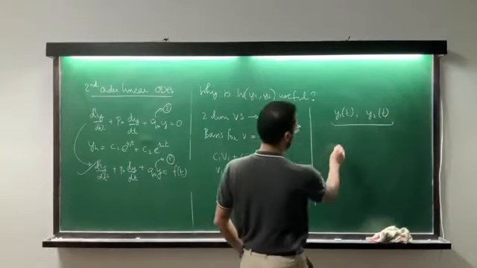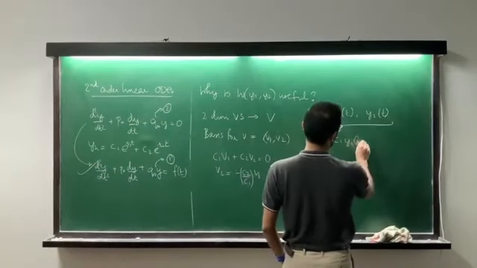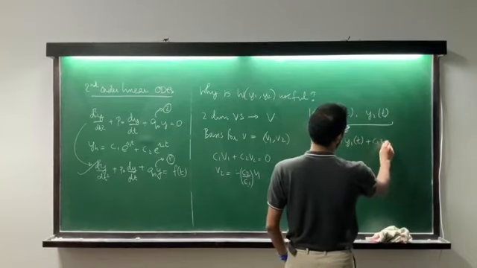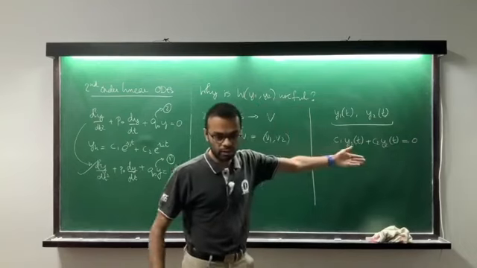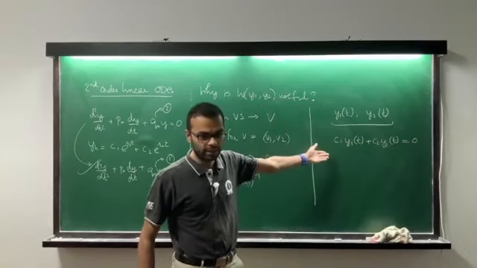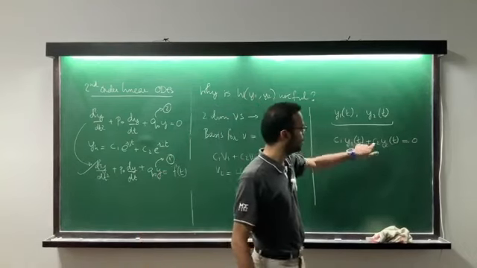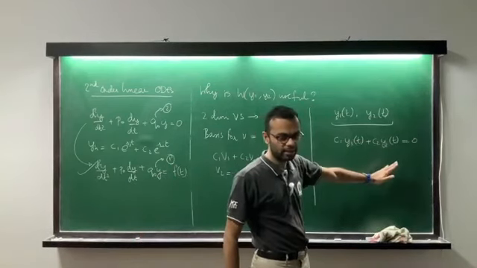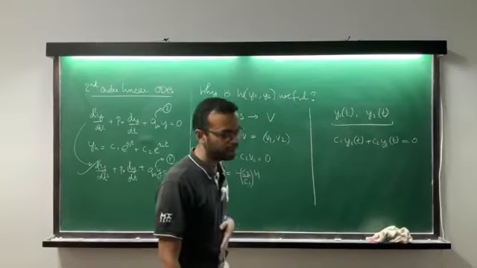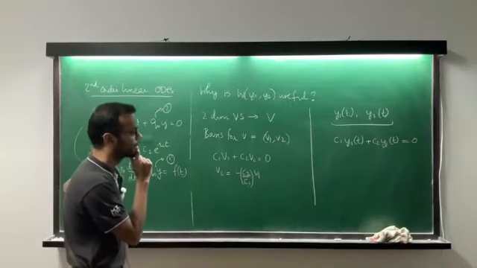So you can write down c1 y1 of t plus c2 y2 of t equals 0. Presumably, if you can find two non-zero values of c1, c2, then it will be linearly dependent. If you can't do that, if c1 and c2 must be 0 when this is true, then they are linearly independent. Yeah, so let's make sure that this definition is okay.